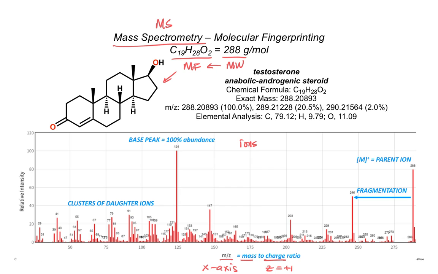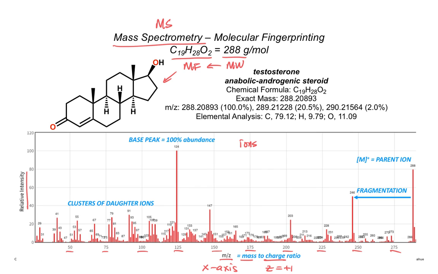So the numbers that you're reading on the x-axis reduce down to mass. The y-axis is relative intensity, and that's another way of saying the abundance of each ion relative to the other.